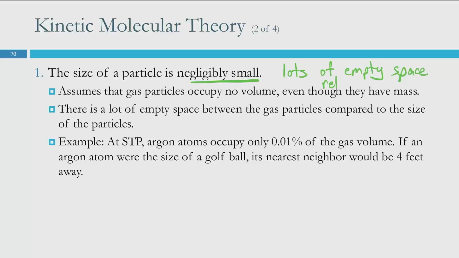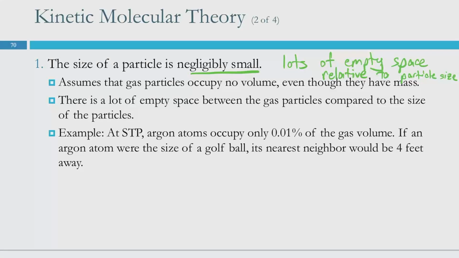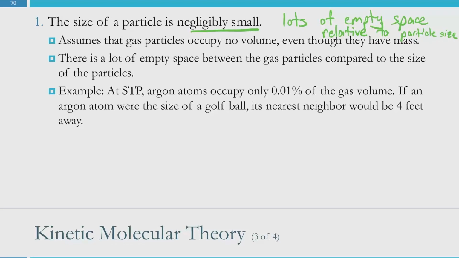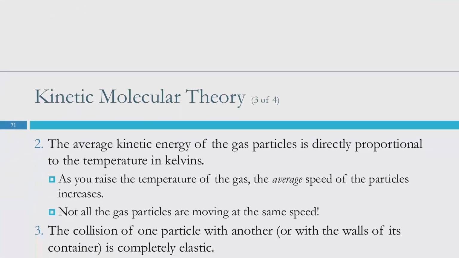So there's lots of empty space relative to particle size. And this is generally true. They're not all crammed together so that they're basically like a liquid. They've got lots of room that they can fly around in their straight lines. So small particles relative to the amount of space.